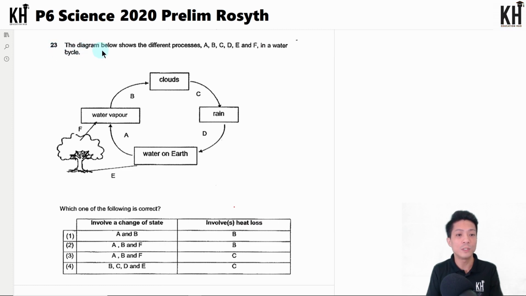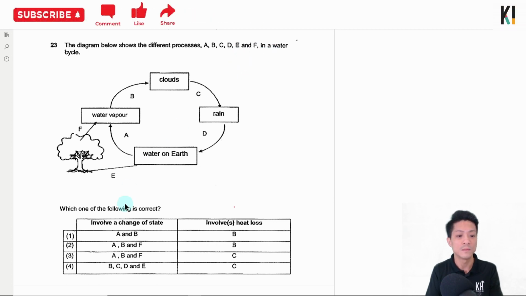Question 33. The diagram below shows the different processes A, B, C, D, E, F in a water cycle. Which one of the following is correct? Involving a change of state.